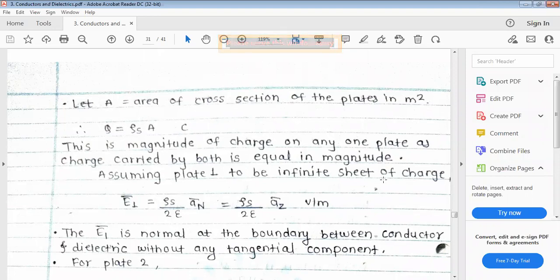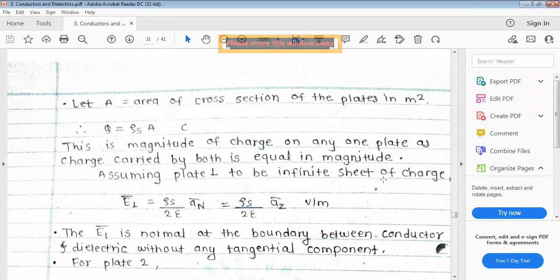This is the magnitude of charge on any one of the plates, and the charge carried by both is equal in magnitude, because we are considering that the charge is only q. If it is plate 1 that is positively charged, then we can say that it is plus q.